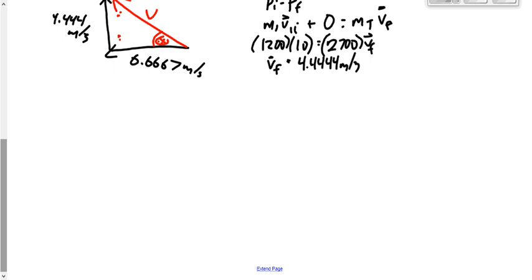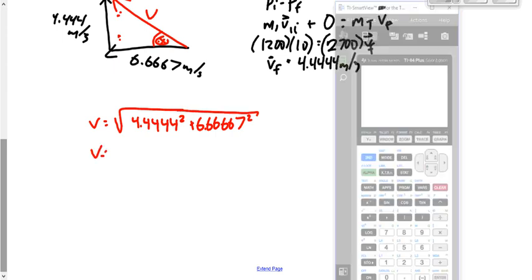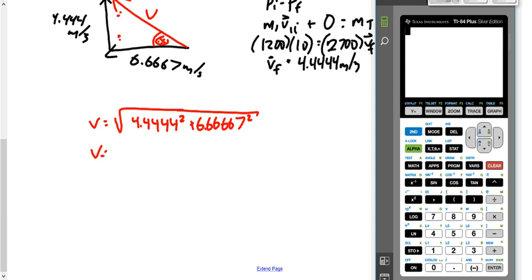Okay, let's do this. Let's say V is equal to the square root of 4.44 squared, I'm going to go second function, 4.4444 squared plus 6.66667 squared, 8.01.